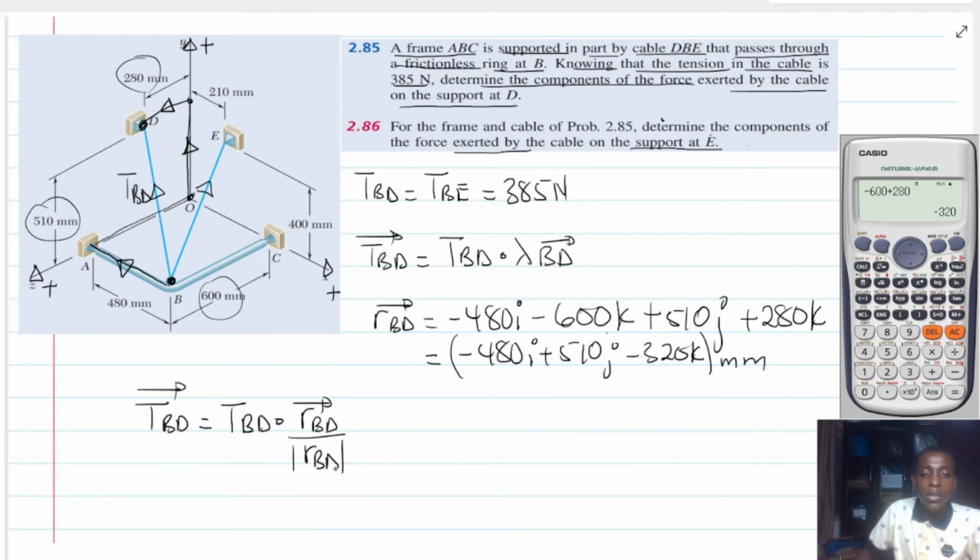So it's going to be 385 multiplied by minus 480i plus 510j minus 320k.